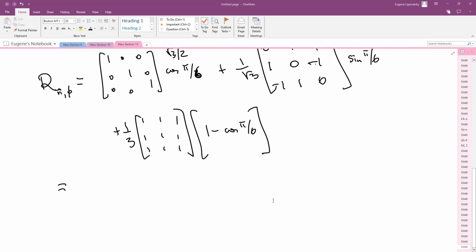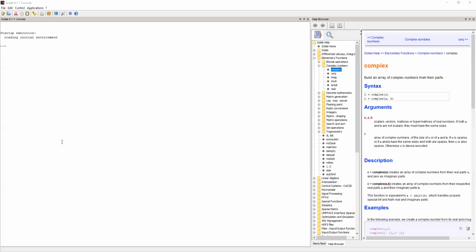See where it is. Okay. Let me just check something. Okay, let me first stop sharing and share the Scilab with you. So I need to share the following.